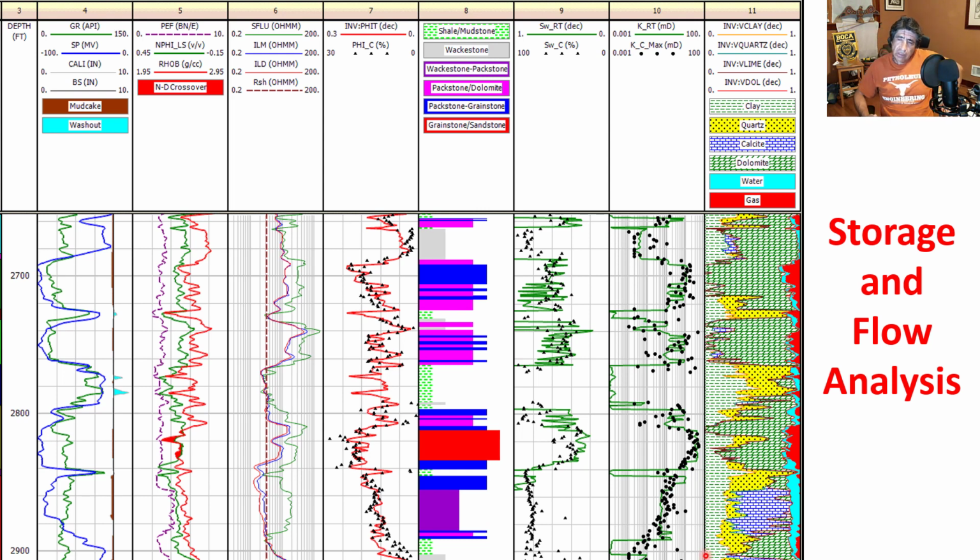Second, based on core data, laboratory measurements of not only porosity and permeability but also mercury intrusion capillary pressure, it's very important to define the variability of throat sizes and pore sizes, to define the presence or not of microporosity, so that we can define the efficiency of flow.